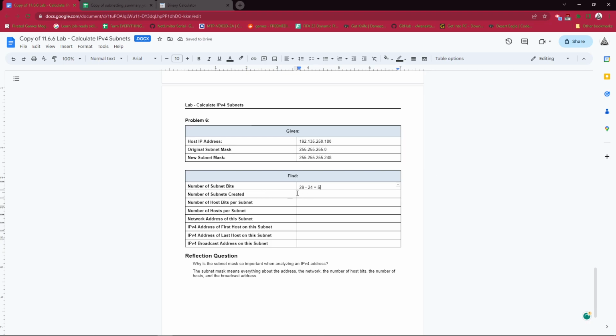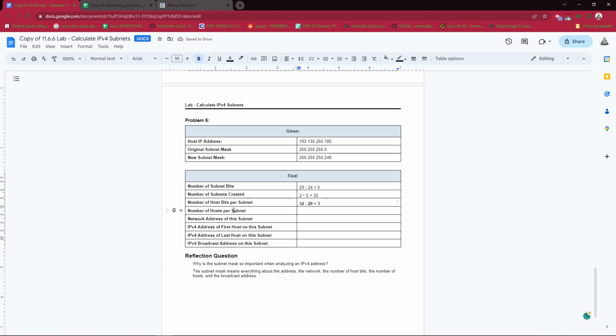The number of subnets created is 2 to the power of the number of subnet bits, which is 5. So it's equal to 32. For the number of host bits per subnet, we take 32 minus the prefix of the new subnet mask, which is 29, and we get 3.